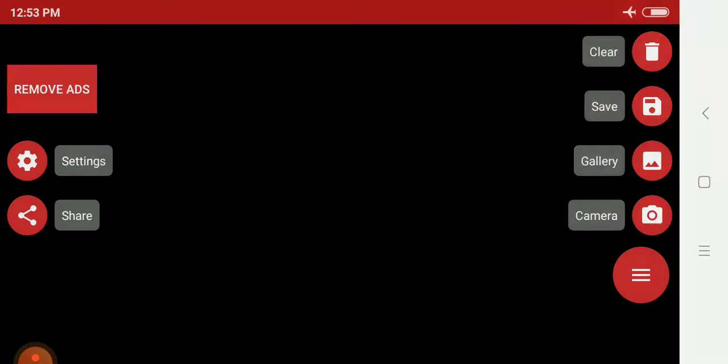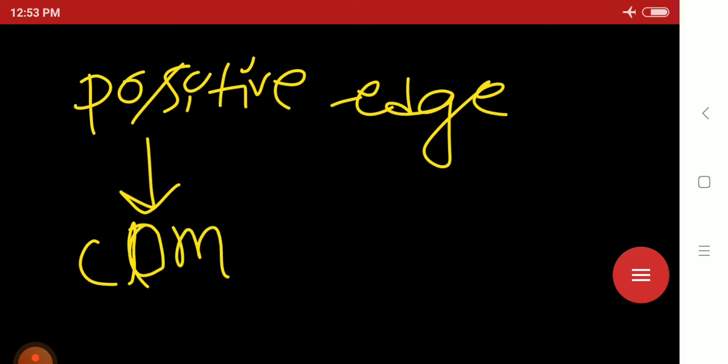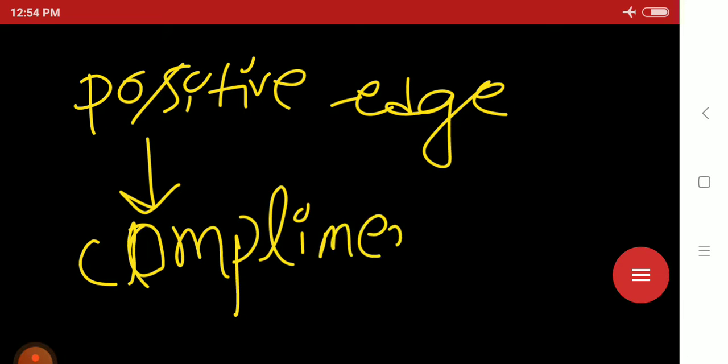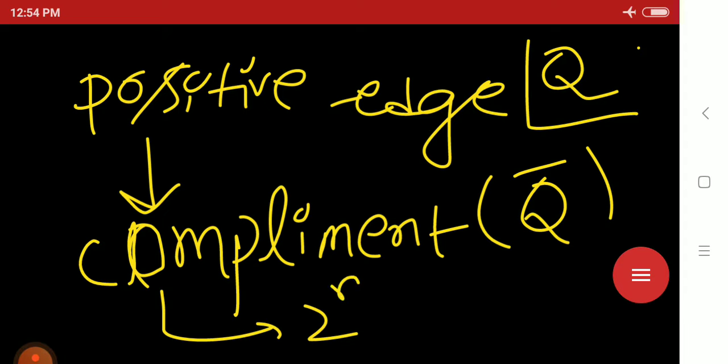And what are the PCU rules? For positive edge triggering, if the complement is connected to the second flip-flop, then it is U. If the input is Q, then the complement is Q bar. That means if the input is 1, then the complement will be 0.